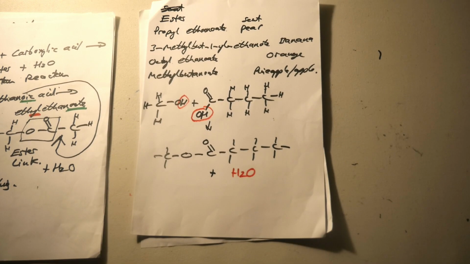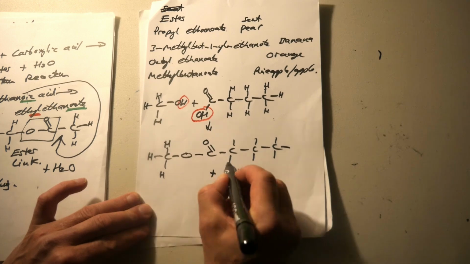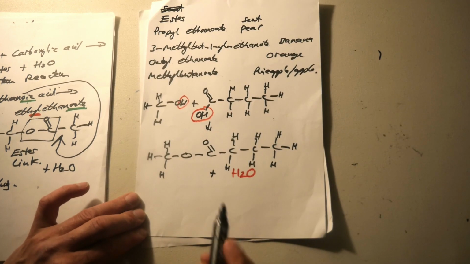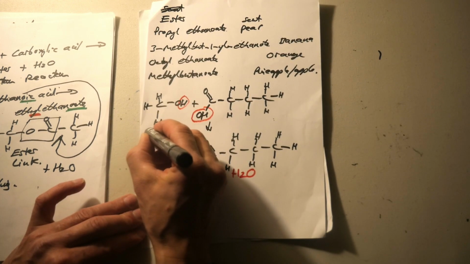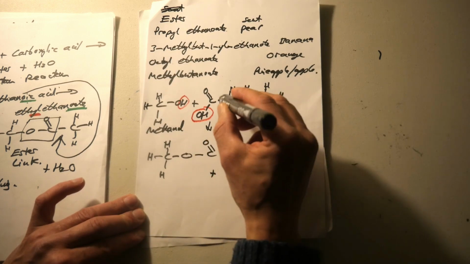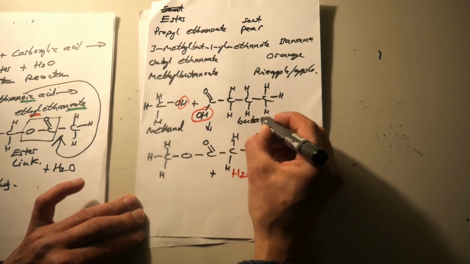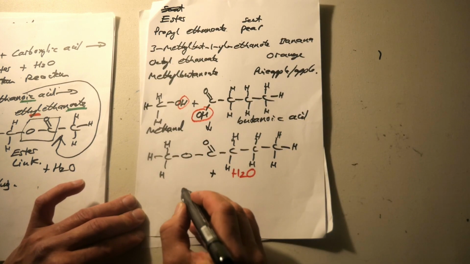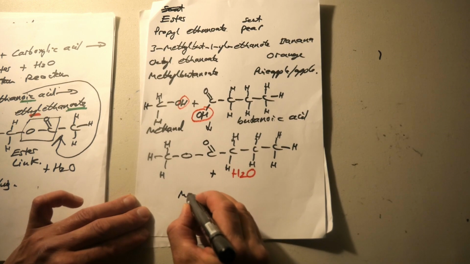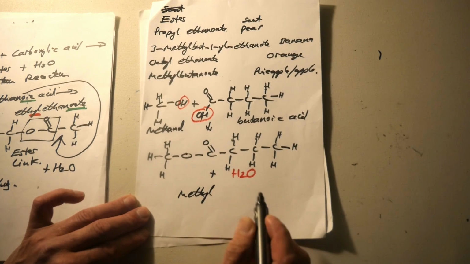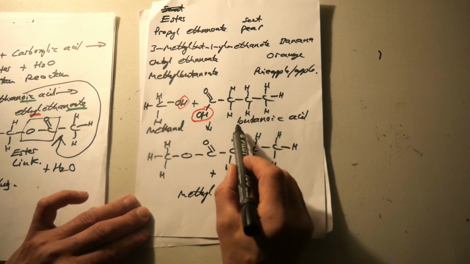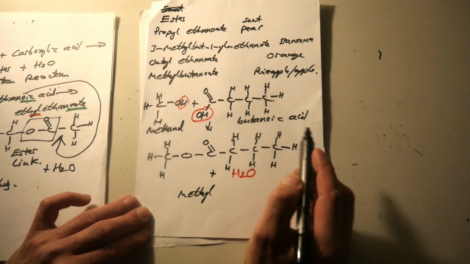So that's the methanol, and this is the butanoic acid. The methanol forms the methyl part, and the butanoic acid becomes the butanoate.